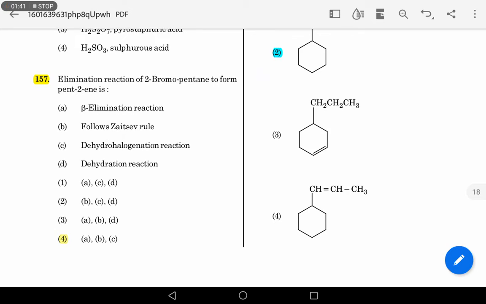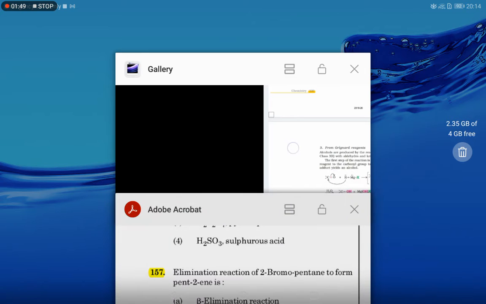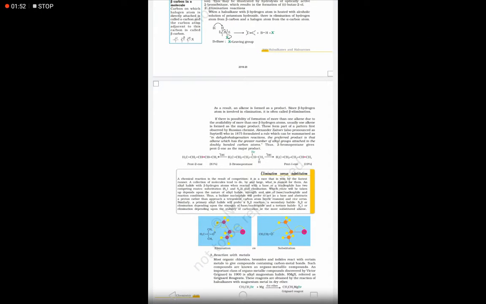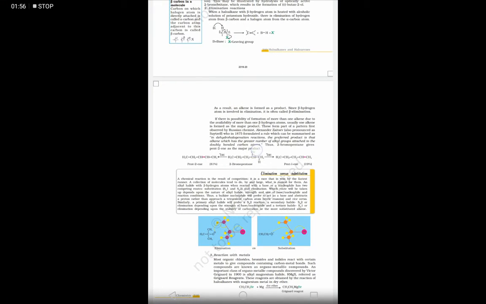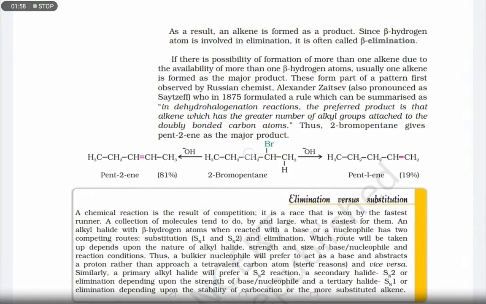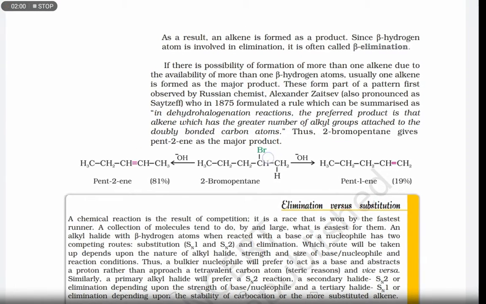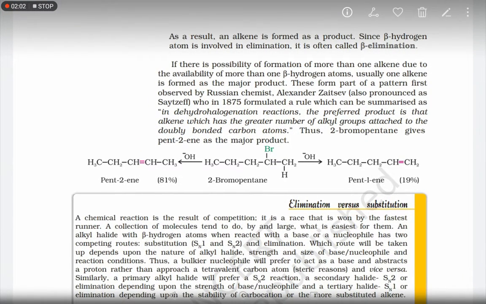Next question, elimination reaction of 2-bromopentane to form pentene is a beta elimination reaction, of course, since the hydrogen and the bromine are in beta. Say the carbon atom to which the halogen atom is attached is called alpha.